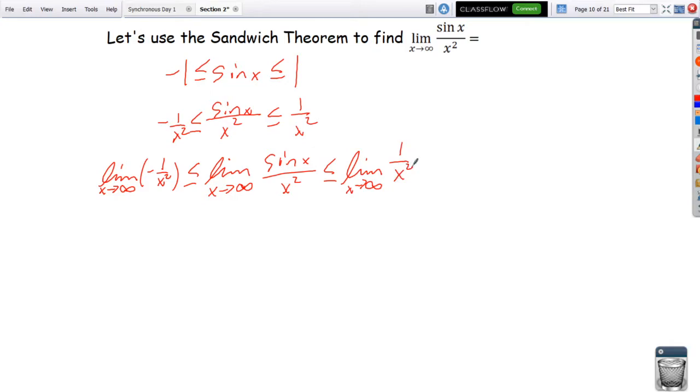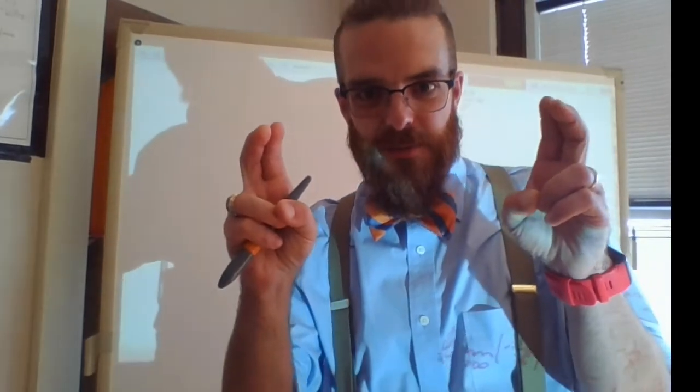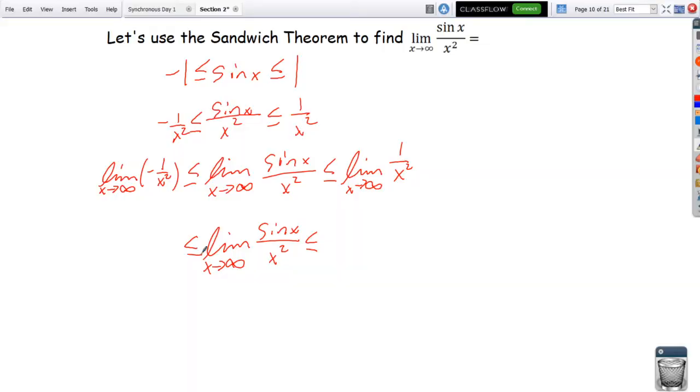Well, now again, I still have no idea what this is. But if I go for that direct substitution type thing, I know now that I have finite -1, I can count to -1, divided by infinity squared, which is infinite.